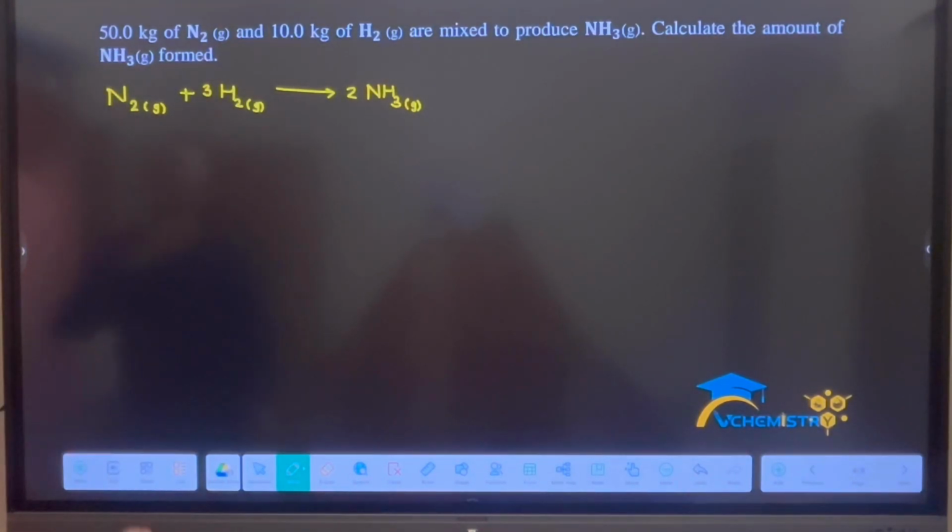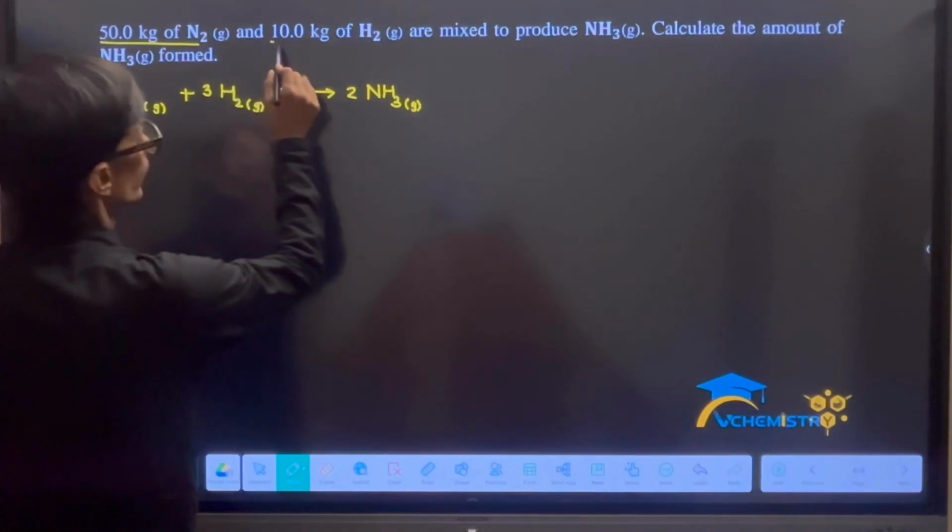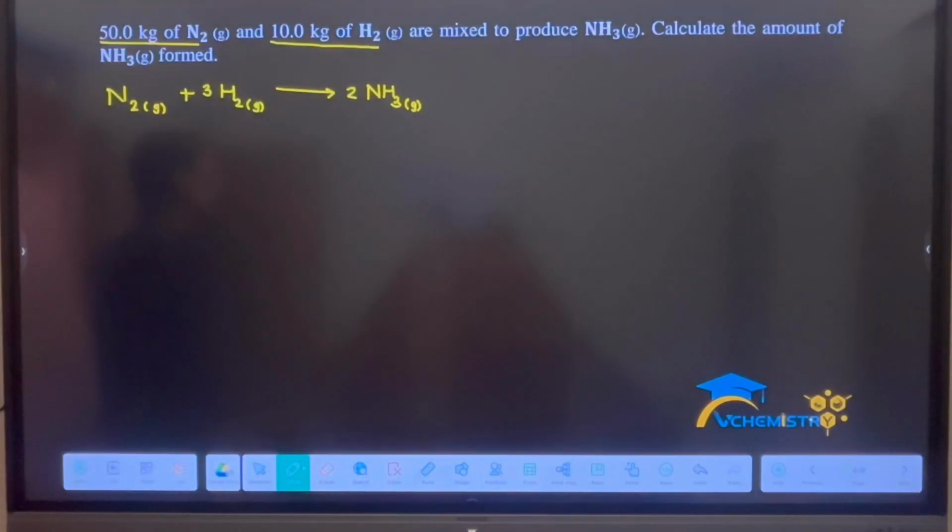So first of all, see, the amount of both reactants is given. So first of all, we have to find the limiting reagent. See, this one is given in kilogram, so we can easily convert into gram.